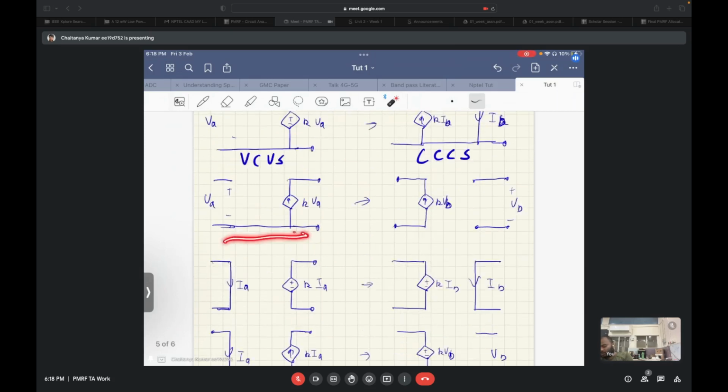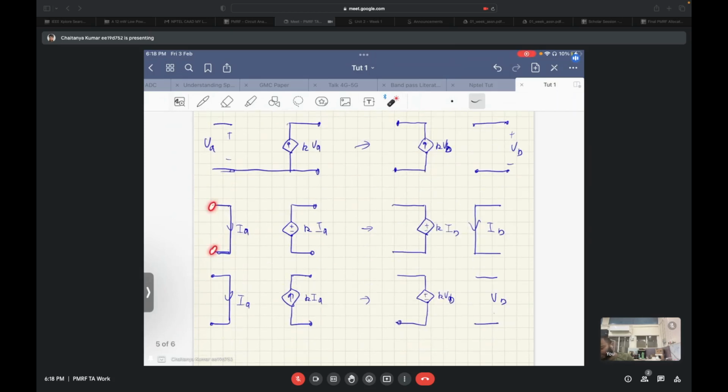Similarly, in this case also, let's consider when the controlling terminals are currents. So there is current input. In current input also, since this output voltage or output current has to be finite, again the input currents will be zero.